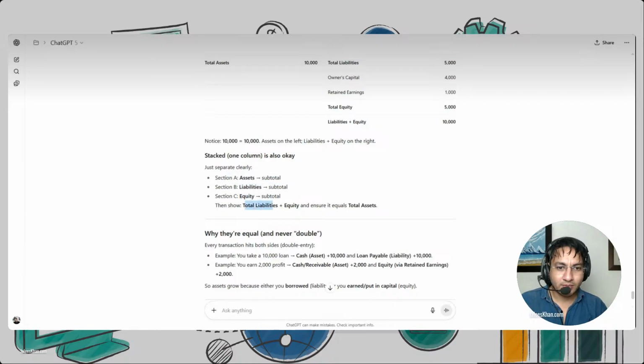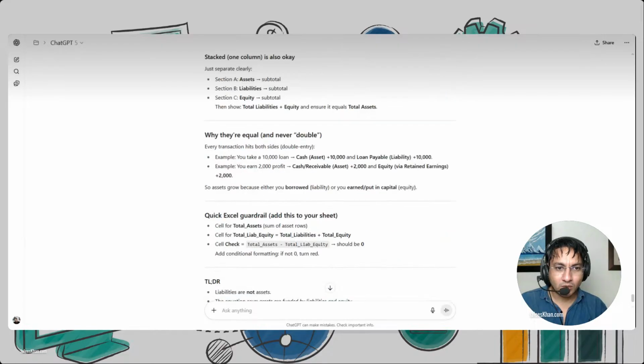Total liabilities plus equity ensures it equals assets. Why are they equal and never double? Every transaction hits both sides, double entry.